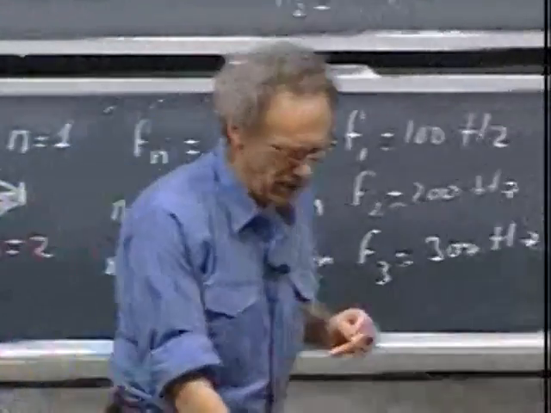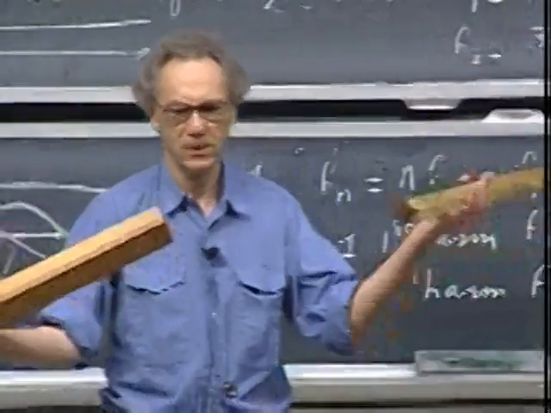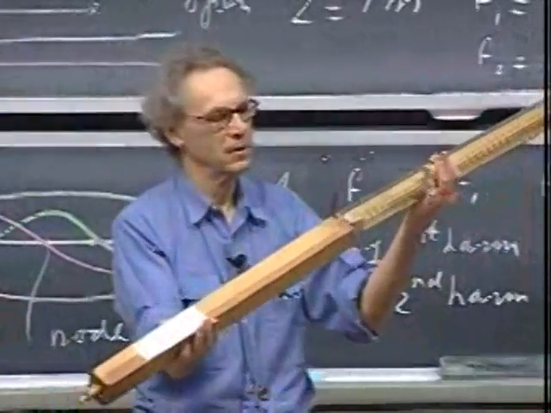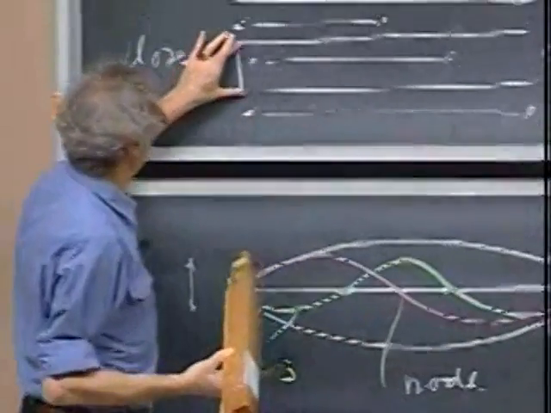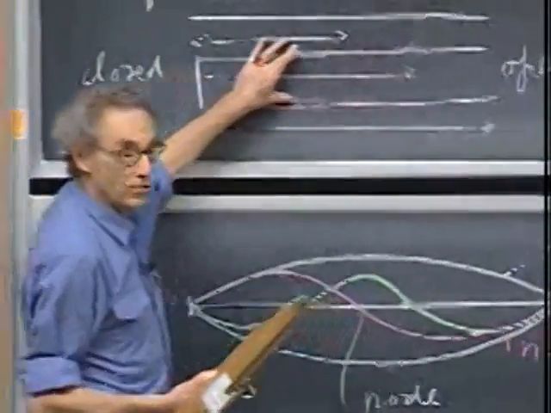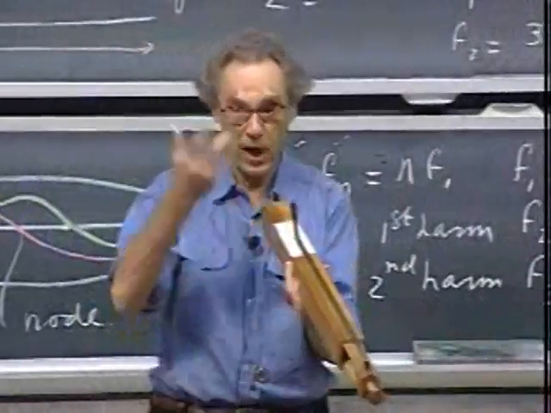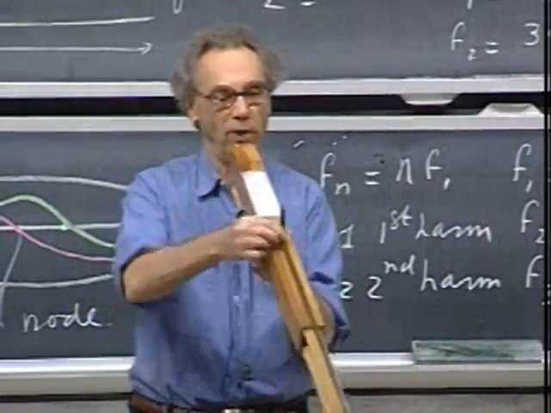I have another example here of an instrument which is open here, and here it is closed. This is my version of a trombone. It's a piston here. So this is a system that is like this, but I can move this in and out. And so when I have it far in, the frequency would be high. And when I have it here, lower.